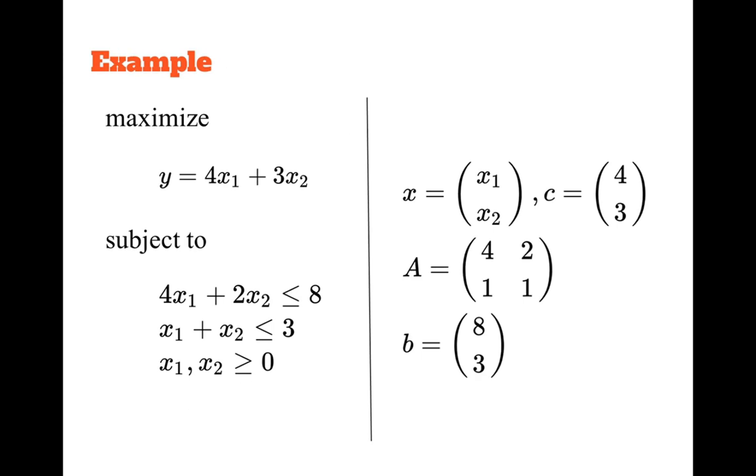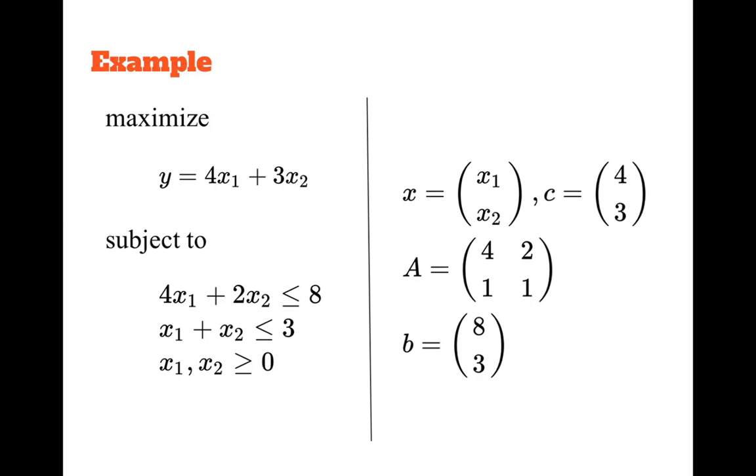For example, we aim to maximize the function y equals 4x1 plus 3x2, where x1 and x2 satisfy the constraints 4x1 plus 2x2 less than or equal to 8, x1 plus x2 less than or equal to 3. x1 and x2 are non-negative real numbers.